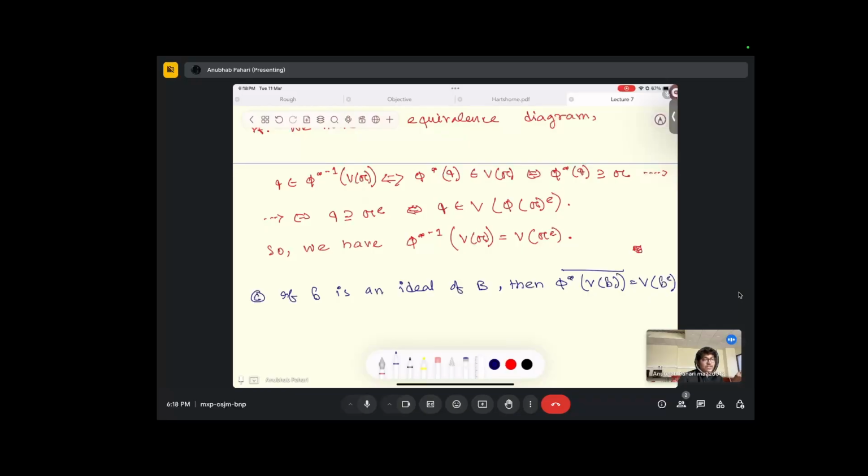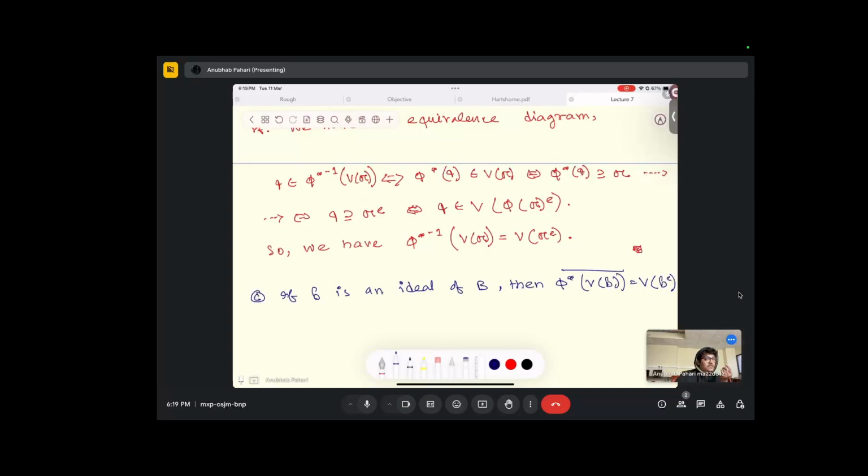And also there is an idea called the reduced image. That is, you already know that the radical is the intersection of all the prime ideals containing an ideal.